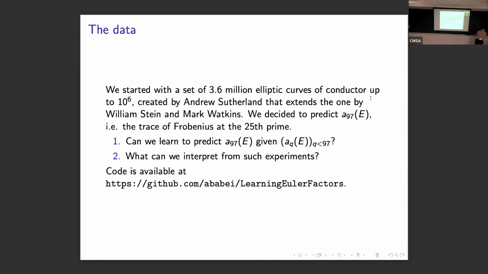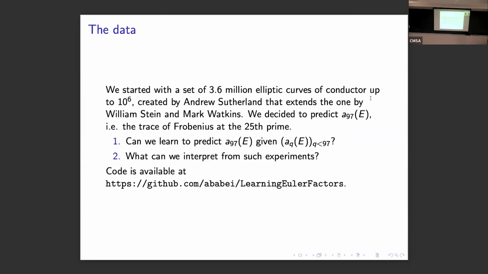Yes, please. Is it because you're limiting the conductor to some bound that it should be possible? Because naively, I would have thought that if you let the conductor go to infinity and really look at all the elliptic curves, then the Chinese remainder theorem would kick in, and it would tell you that all the a_p are basically independent.